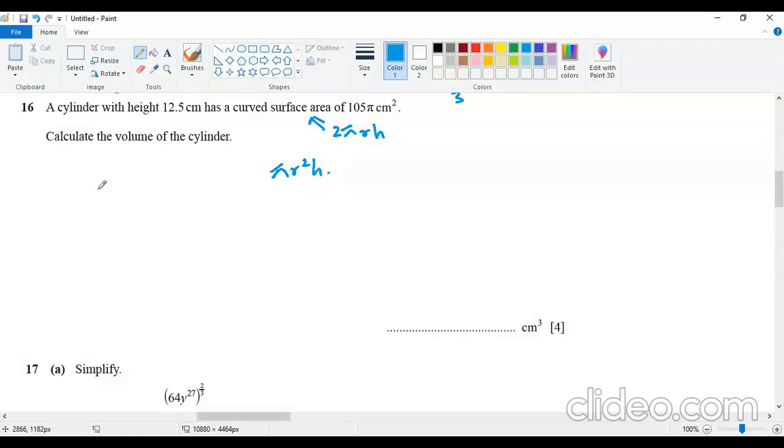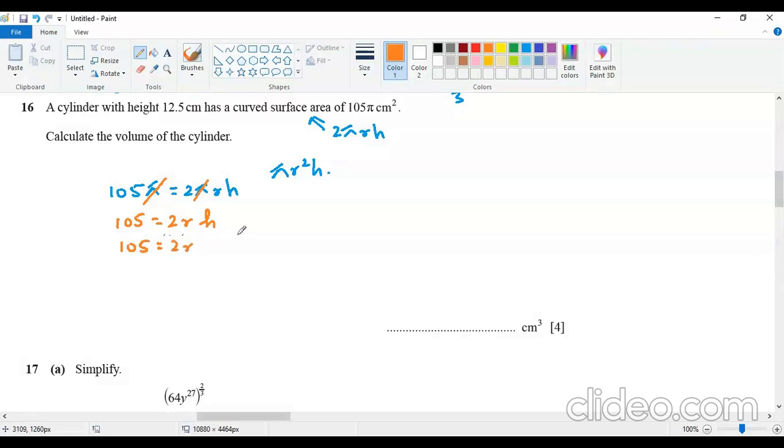Now this is 105 pi equals 2 pi r h. So pi and pi are going to cancel each other, and 105 equals 2 r h.